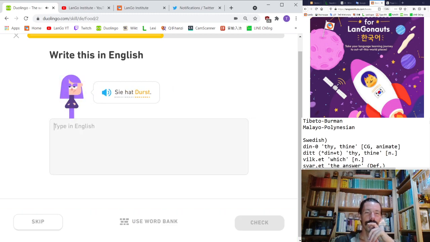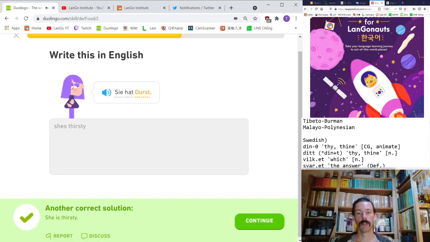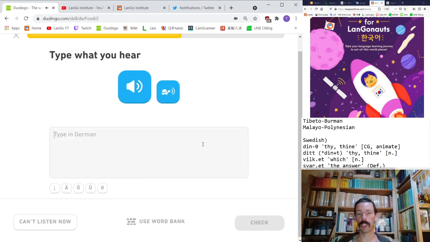Sie hat Durst. She has thirst. We say she's thirsty with the adjective. Note that the German adjective is not durstig with umlaut, but just durstig. Usually when you add ig, you mutate the vowel too. Hast du Durst? Because it's a noun, it's capitalized.